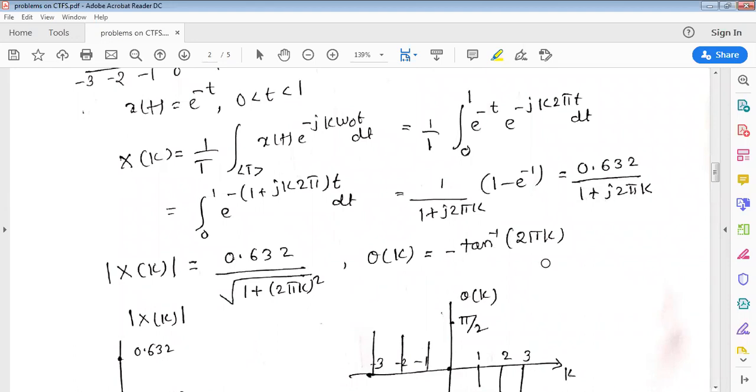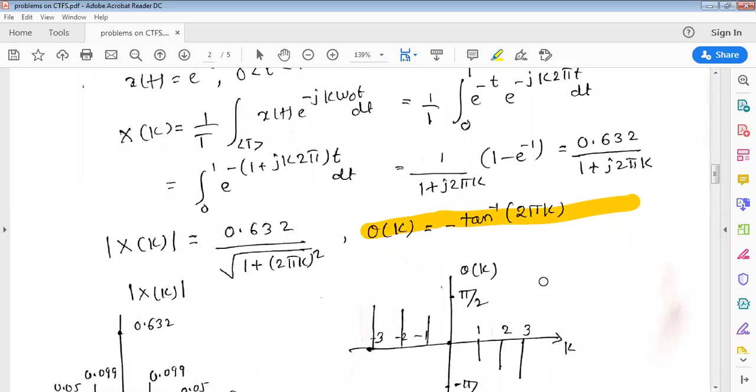Are you able to follow the magnitude and phase values, or any doubt you have? Have you understood how theta k is done?